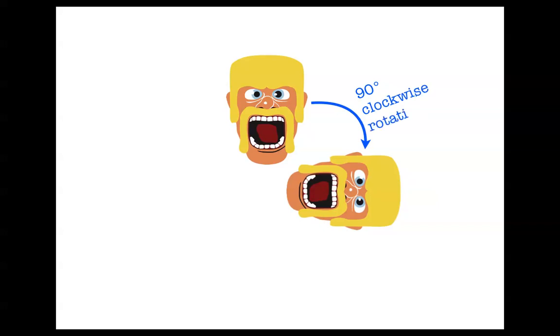All right, what you need to know about rotations is that we can measure them. Sometimes things can spin or turn a lot, and sometimes they can spin or turn just a little bit. If something does like a quarter turn, we would call that a 90-degree rotation. And if it moves clockwise, we would say it's a 90-degree clockwise rotation.